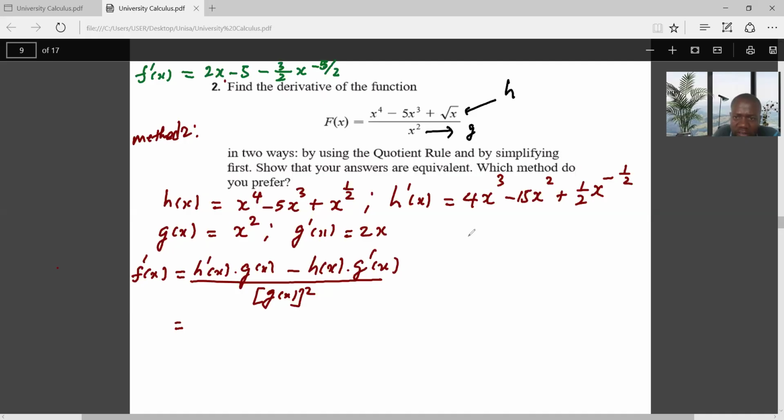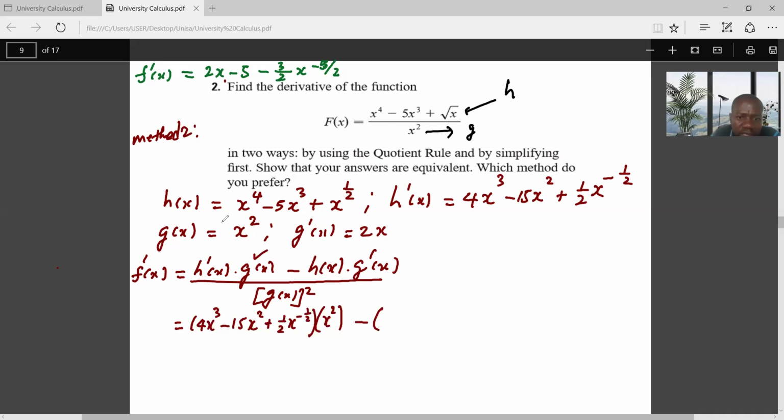What is h prime? It's 4x cubed minus 15x squared plus half into x to the power minus half. What is the g? G, we have x squared. What is the h? The h, we have x squared. No, it's not x squared, apologies.